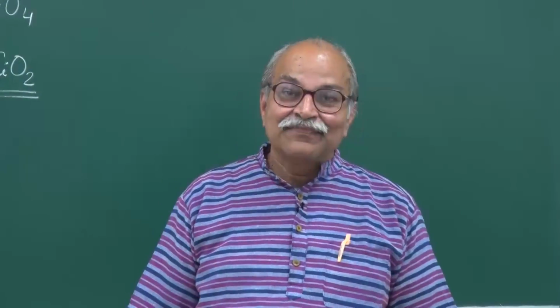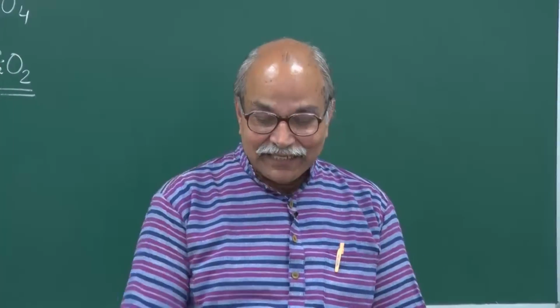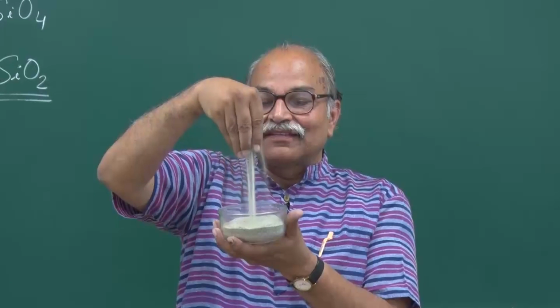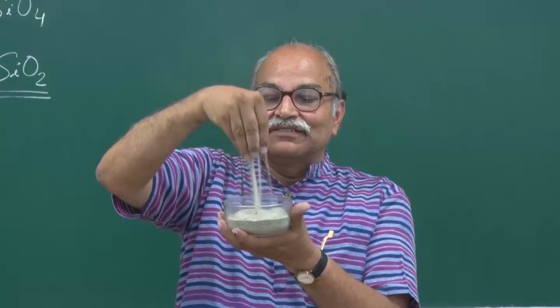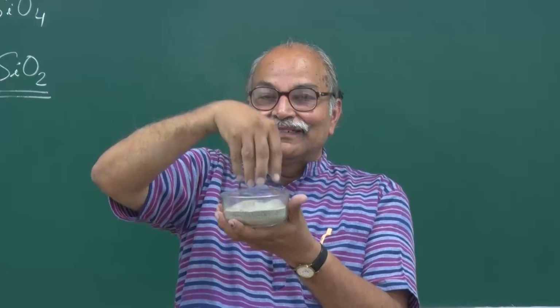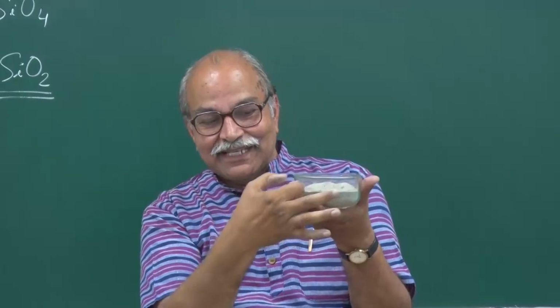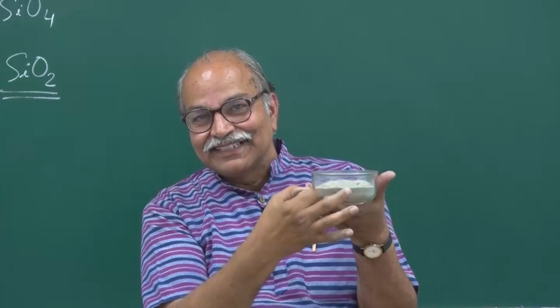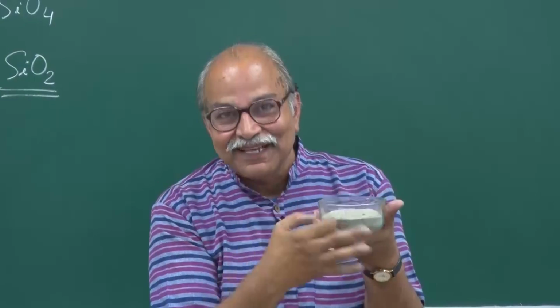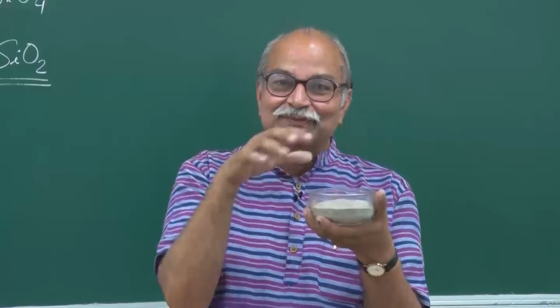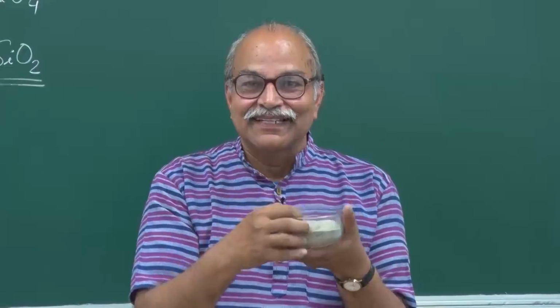dioxide or silica. Sand, okay, I have a sand here. This sand is mostly silicon dioxide, silica. This sand is kept in this glass vessel. This glass vessel itself is silica. Most of it is silica with some kind of other materials in it.